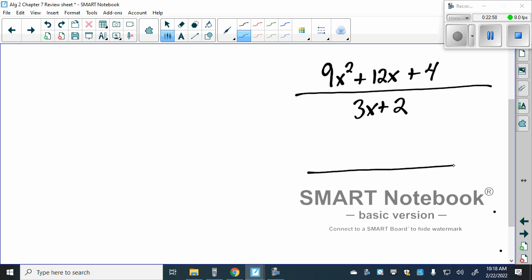If this were to work, that would mean that the 9x squared term would have to have factors of 3x. Okay, it does. And the factors of the constant term 4 would have to have factors of 2. Well, it does.